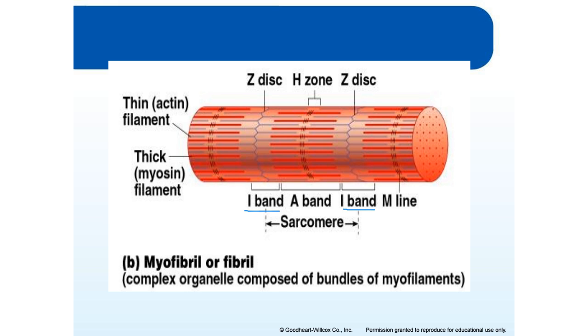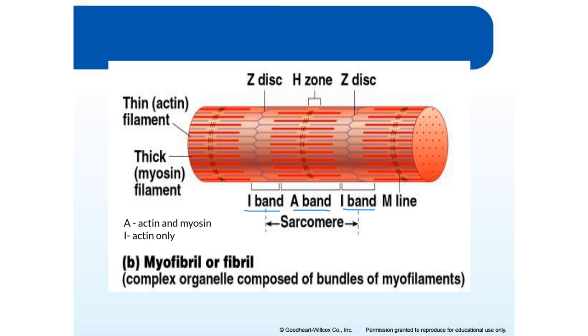And the A bands in the middle there are called the dark bands. The A bands contain actin and myosin, where the I bands contain actin only.